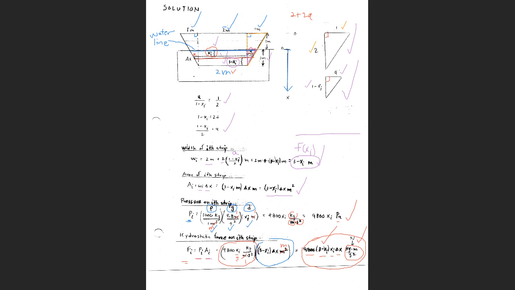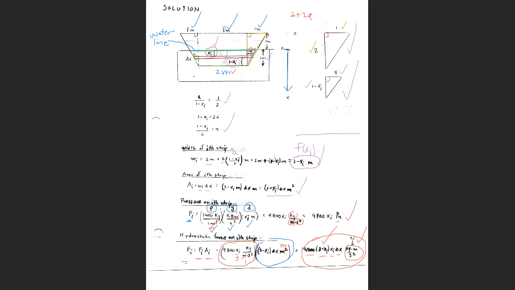Well, let's see here. Hold that thought. So here is the portion of the plate below water. Xi is the distance. It would be from 0 to 1.